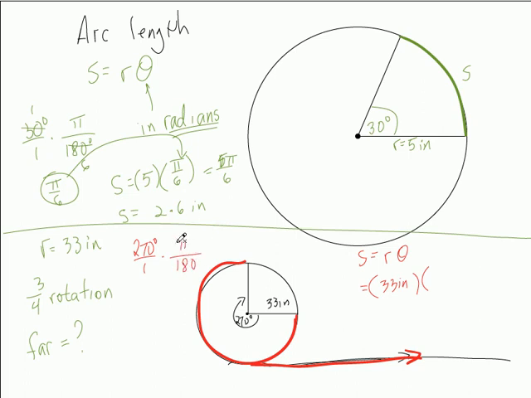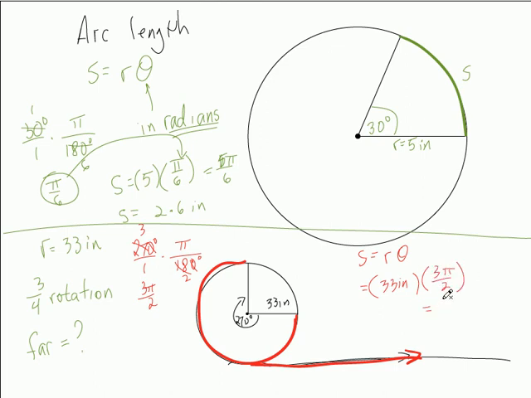All right, so look, the zeros cancel. 9 goes into that 3, and 9 goes into that twice, and it's 3 pi over 2. Agreed? So this is 3 pi over 2.